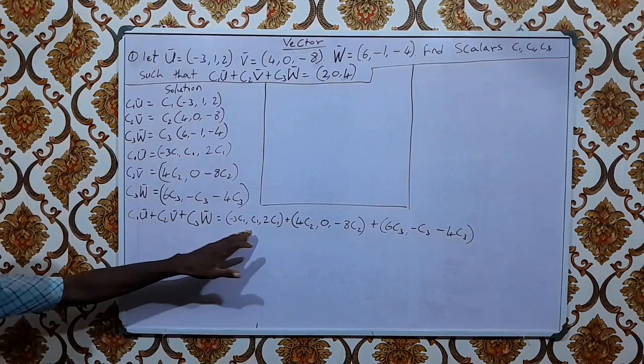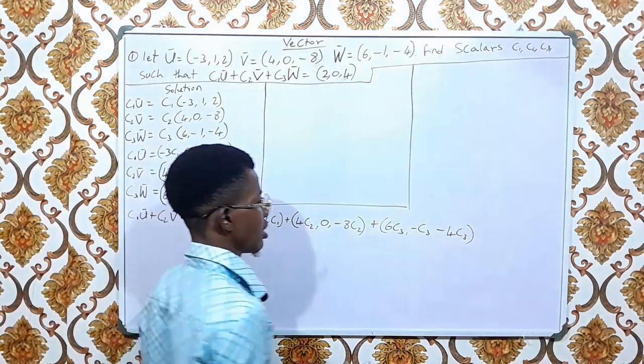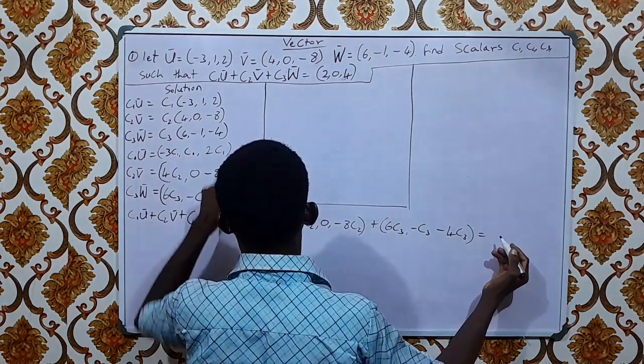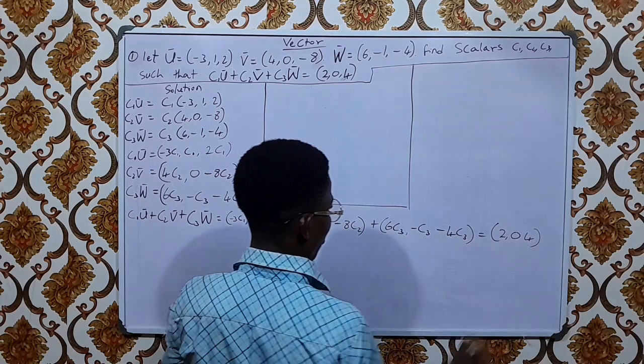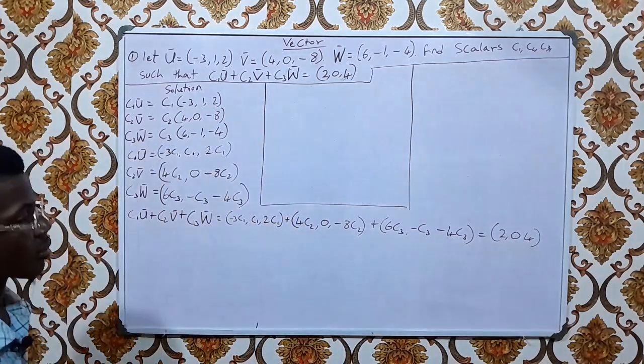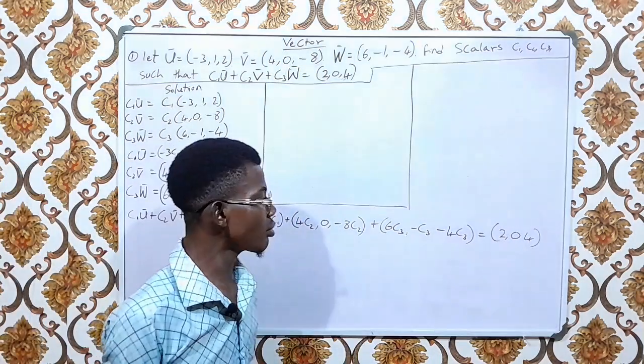Now this plus this will give us 2, 0, 4. It will give us 2, 0, 4.